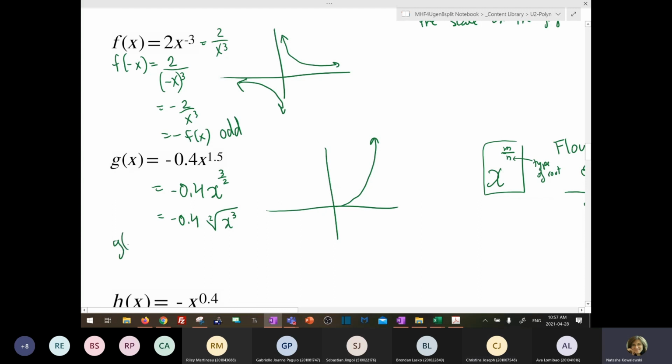All right, so now that we've recorded it this way, we're going to test by plugging in a negative on the inside to see what happens. Let's stick a negative under the square root with a cube. Can we put in a negative under the root? Is that allowed? No. We get an error. Because we get an error, there is no left side to this graph.